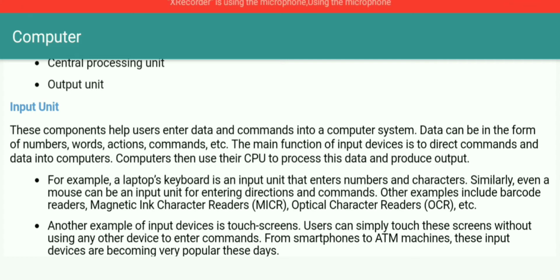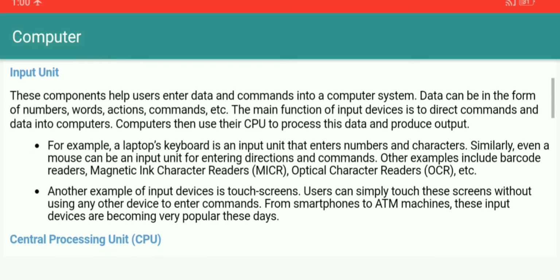Users can simply touch these screens without using any other device to enter commands. From smartphones to ATM machines, these input devices are becoming very popular these days.